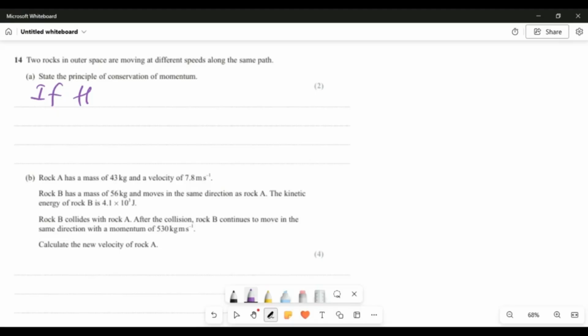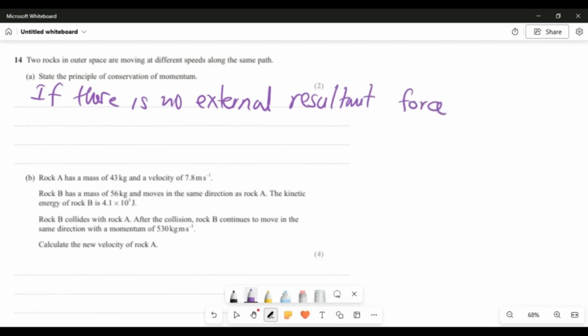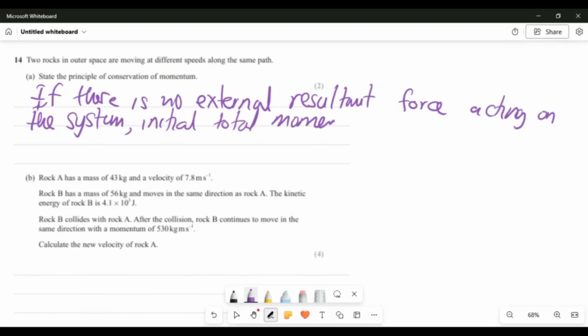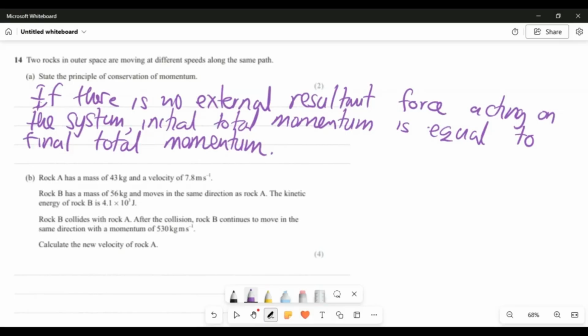If there is no external resultant force acting on the system, initial total momentum is equal to final total momentum. So if you write the answer like this, you will get full marks.